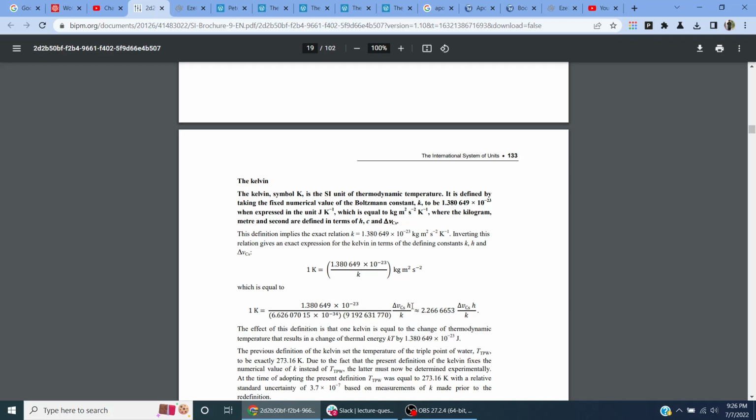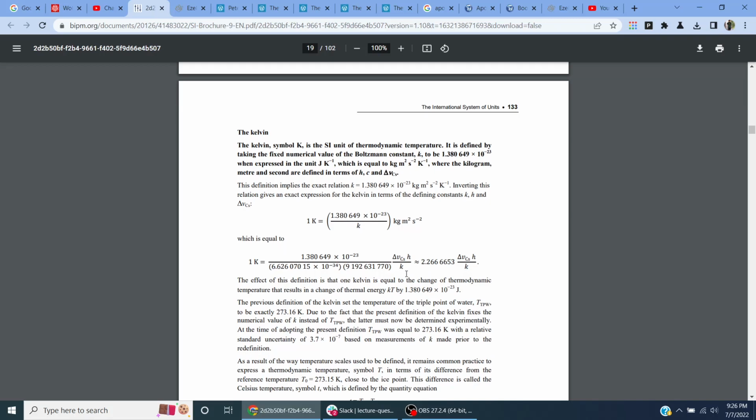The Planck constant divided by the Boltzmann constant is approximately 2.2666653 times the cesium frequency, Planck constant, divided by the Boltzmann constant. The effect of this definition is that 1 kelvin is equal to the change of thermodynamic temperature that results in a change of thermal energy kT by 1.380649 times 10 to the minus 23 joules.